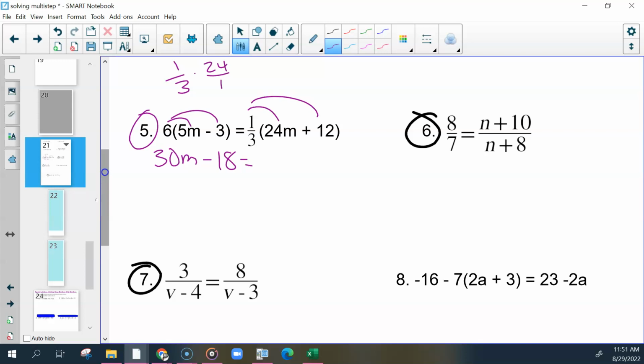So if I multiply it across, I end up dividing anyway. So instead of going through all of that motion, or you could put it in your calculator, either one, we can think about this as 24 divided by 3 and 12 divided by 3. And that may help you look at it a little bit, or make it a little bit easier. So 24 divided by 3 would give us 8m, and 12 divided by 3 would give us 4.